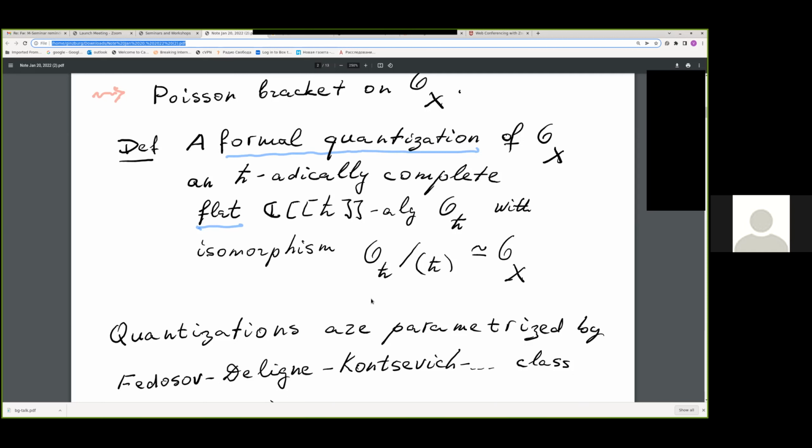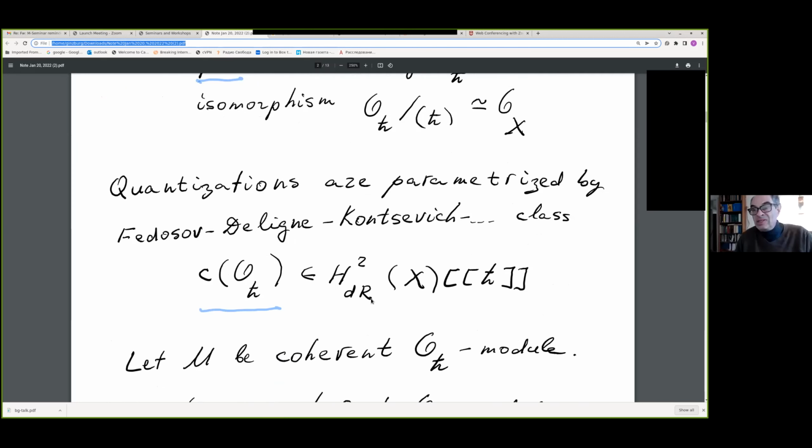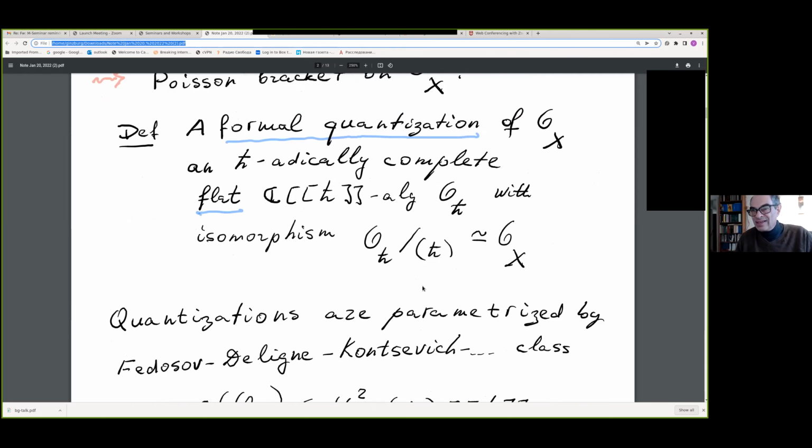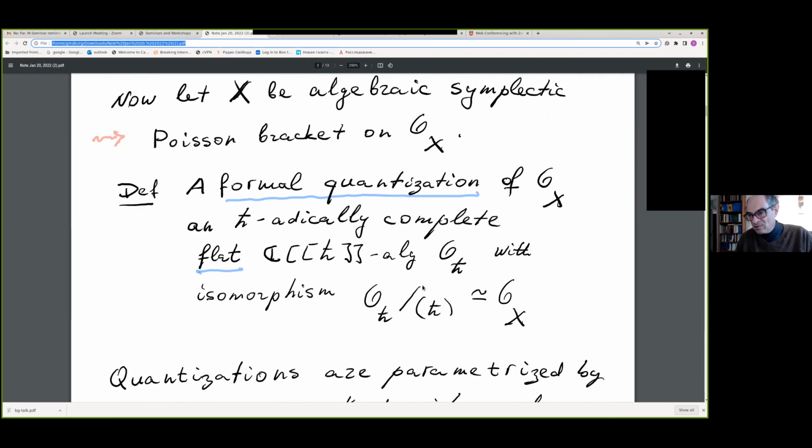So the only thing I will need is that, according to this general theory, and by the way, maybe I should say it is important: in the case of symplectic manifolds, there is a theory of quantization worked out by Bezrukavnikov and Losev, which is not based on Kontsevich at all. It's more like the original Fedosov approach.